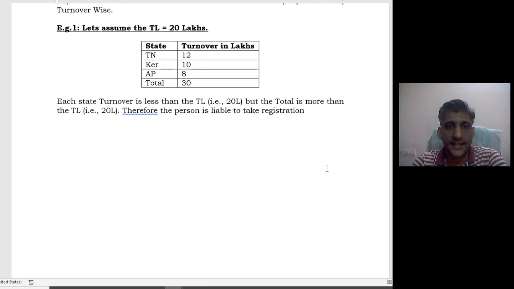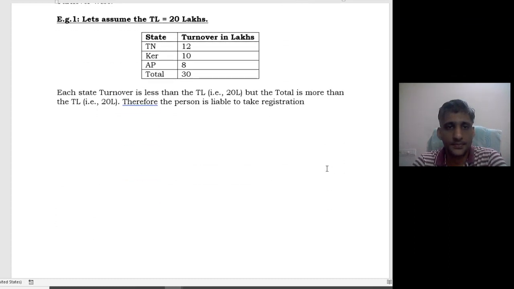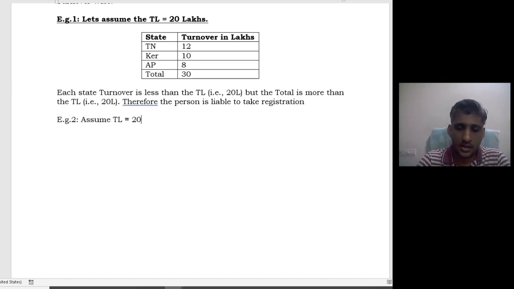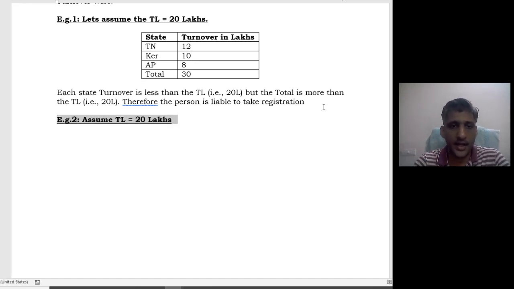Again, you can note down example number 1. Done. So let's go to example number 2. Again, assume the threshold limit is 20 lakhs. Threshold limit is a separate topic. We will come to it. For the moment, assume it is 20 lakhs.